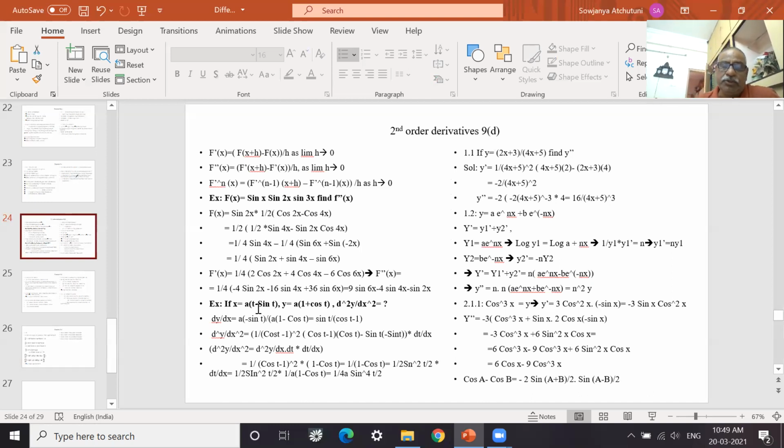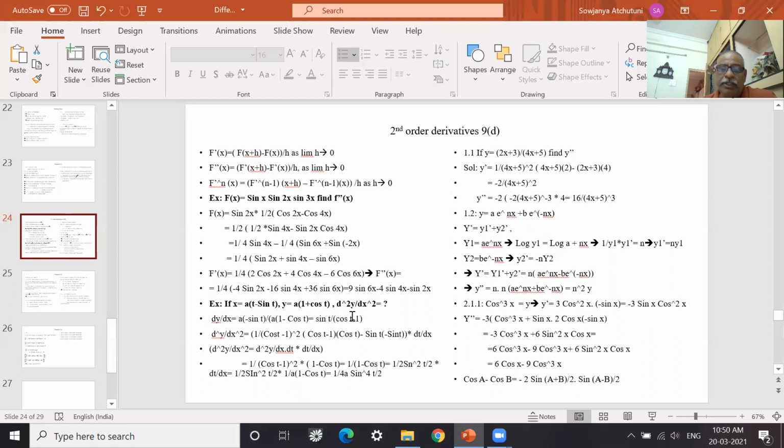Okay, let us go. x is given in terms of t, y is given in terms of t. Find d square y by dx square. So now we know dy by dt and dx by dt, then I get dy by dx. So dy by dx is equal to dy by dt divided by dx by dt, which is a sin t divided by a into 1 minus cos t.